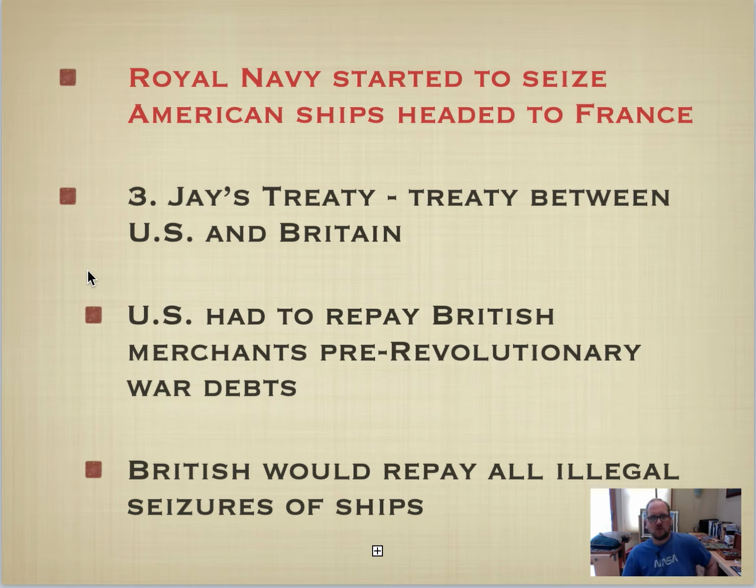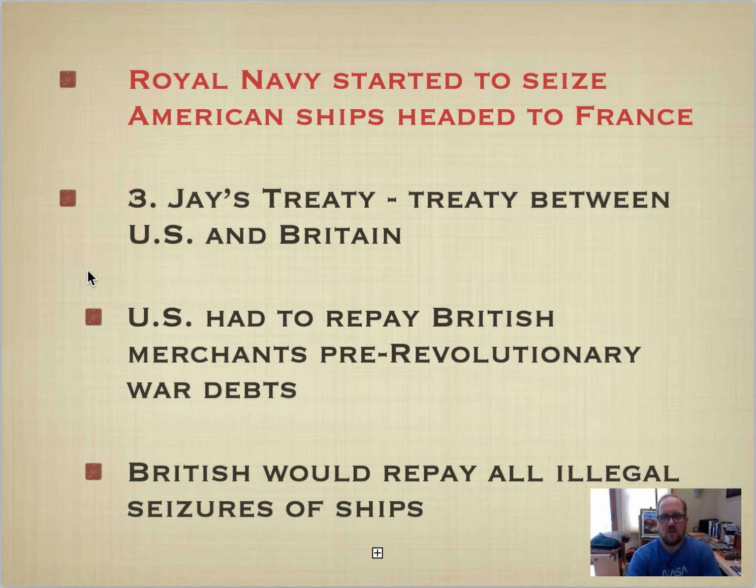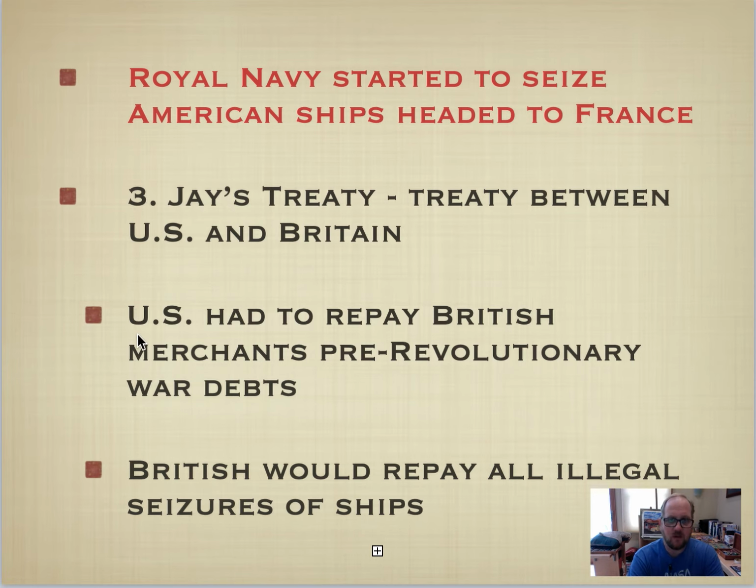In this time period also, we see the Royal Navy starting to seize American ships and impressing American sailors, which means stopping ships, seizing goods, and taking sailors off of the American ships. And this is going to be a major problem. We're going to send John Jay over to England to broker a deal with the British, and it will create Jay's Treaty.